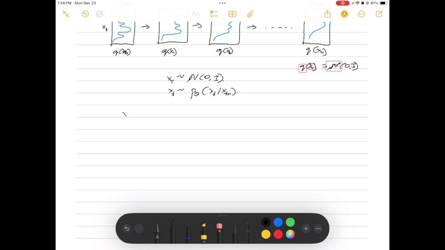So just for illustration purposes, here is the Markov chain.